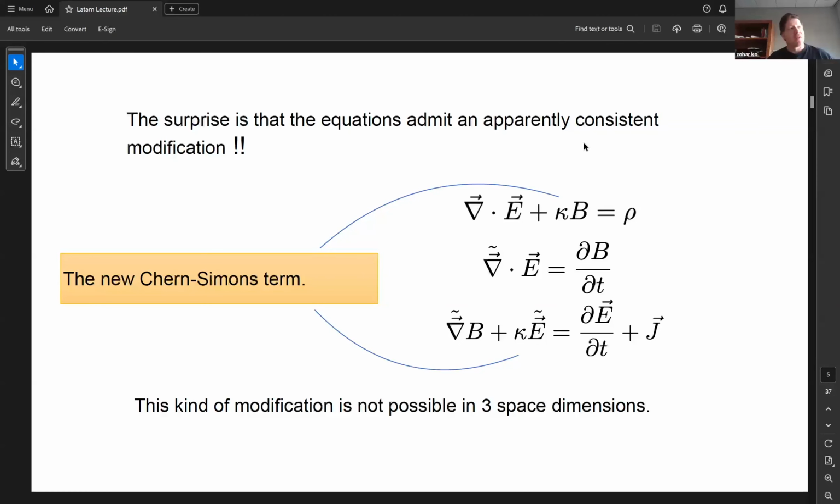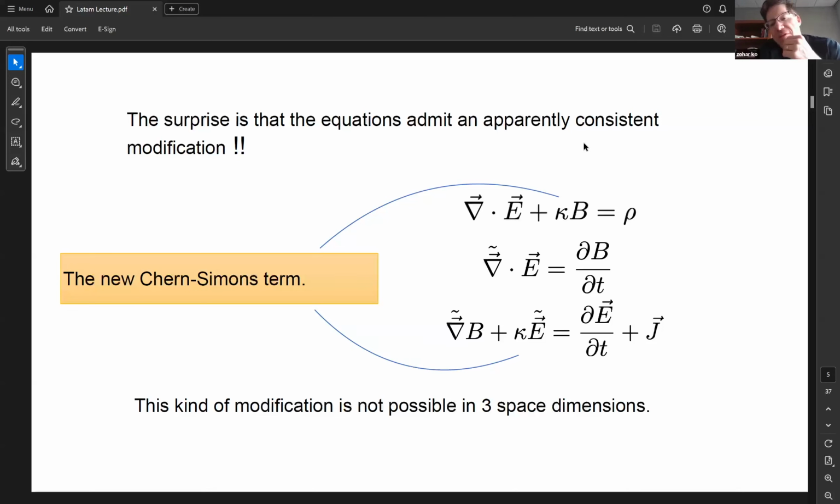So when I said that the Maxwell equations in 3+1 dimensions are robust, what I meant really is that I'm interested in modifications which are linear in the fields and perhaps at most first order in derivatives. If you open the door for completely general modifications which are potentially nonlinear in the fields and have more derivatives, then there are many modifications in 3+1 dimensions as well.